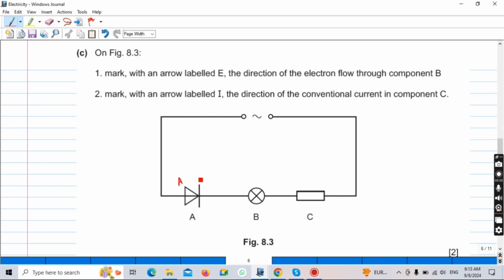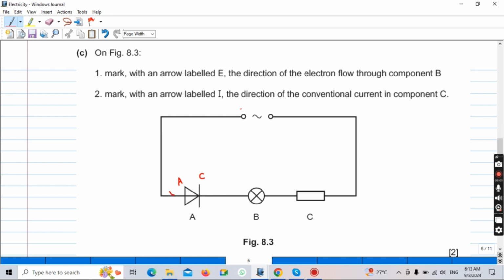Since this is the anode, this is the cathode of the semiconductor diode. So this has to be connected to the positive part, so it will allow current only when this source acts as the positive part here, and the current comes from this direction.